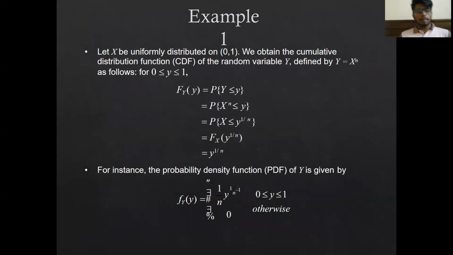Example 1: let X be uniformly distributed on 0 comma 1. We obtain the cumulative distribution function, CDF, of the random variable Y defined by Y equals X power n.